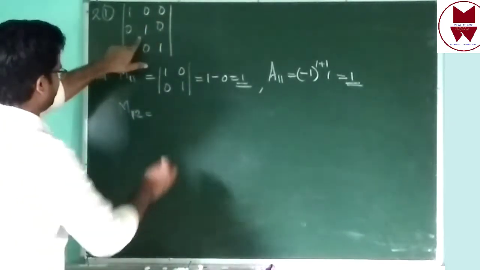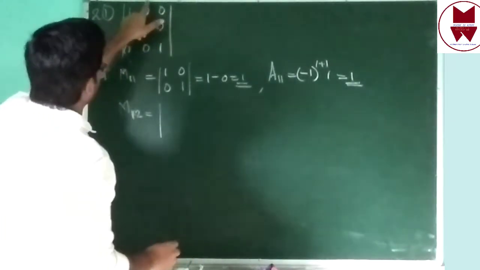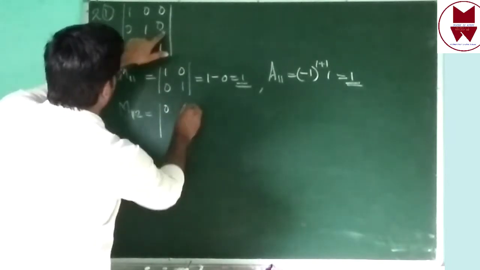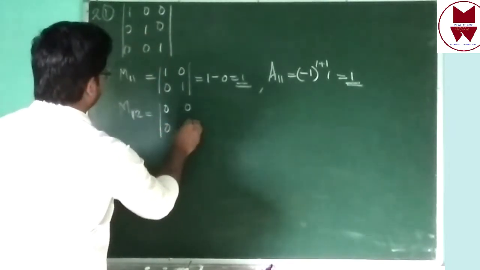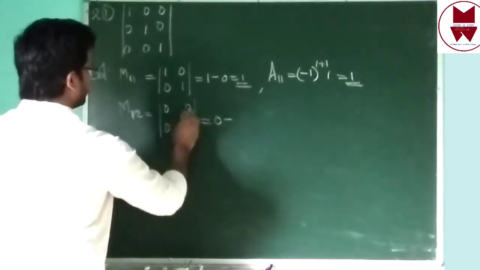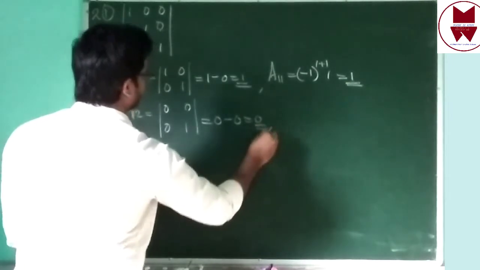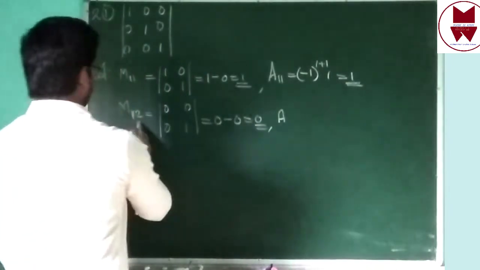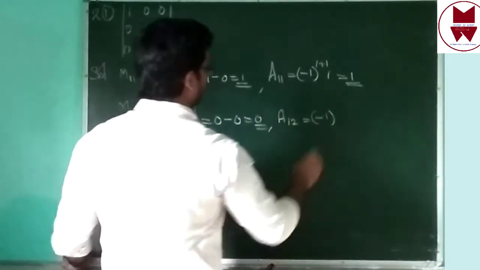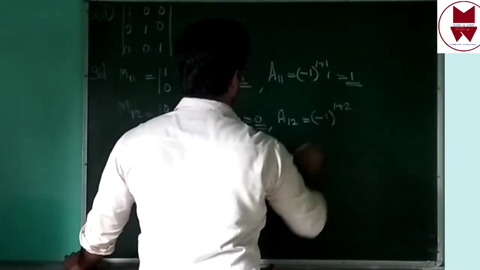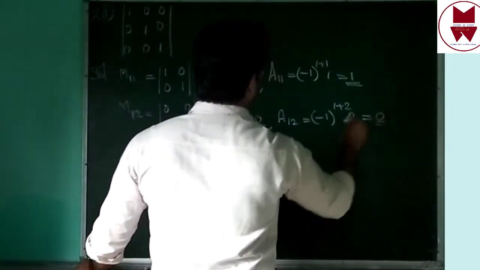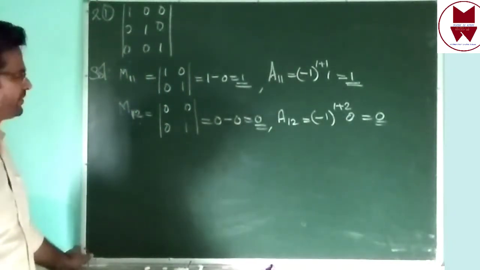First row, second column, just leave it, then remaining 0, 0 and 0, 1 equal to 0 into 1, 0 minus 0 into 0, 0. Get answer 0. Then A12 equal to minus 1 all raised to 1 plus 2. Then minor already got it, there is 0. Answer will be 0. Multiple by 0 means automatically that will be 0.